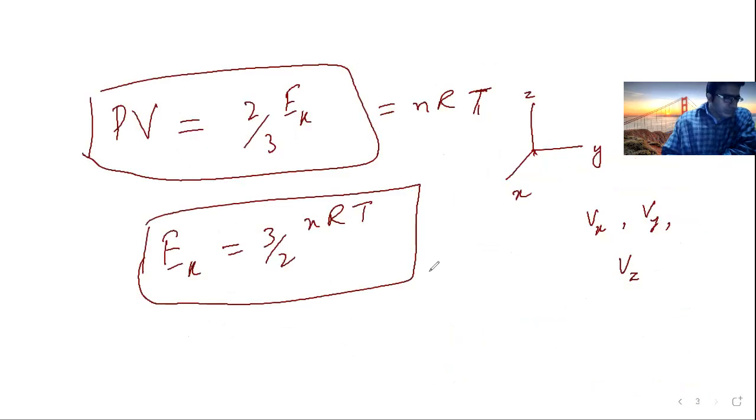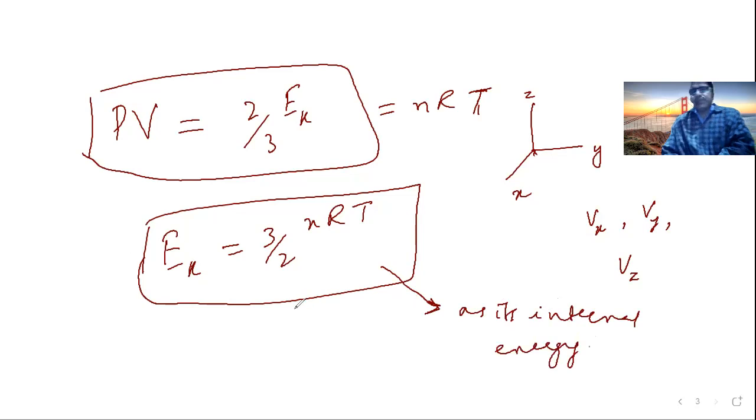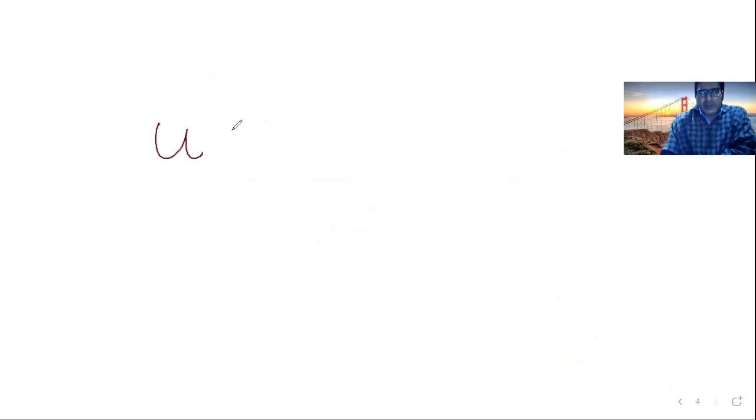Now, if we take this translational kinetic energy of an ideal gas as its internal energy, right? I'm saying we take this translational kinetic energy of an ideal gas as its internal energy. So we write U. What is U?